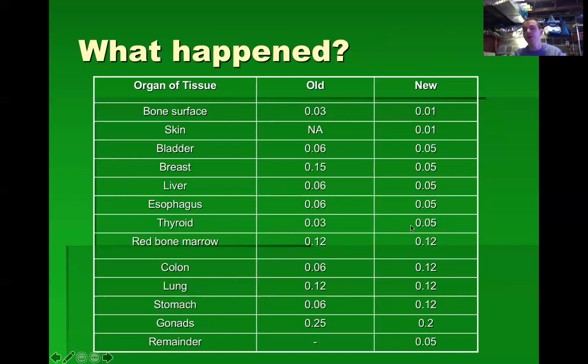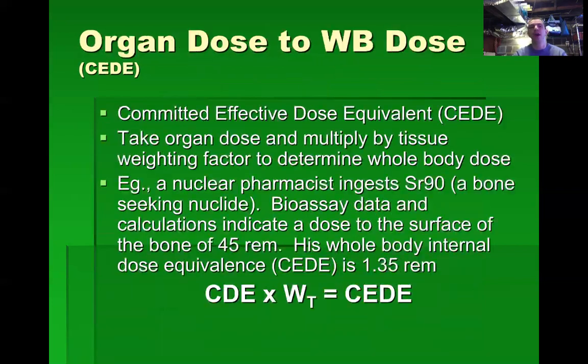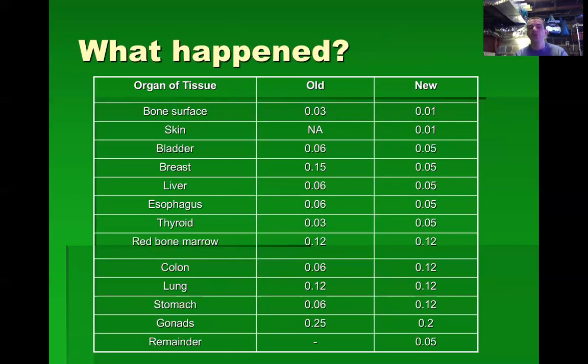So the thyroid, it's kind of middle of the road, but you would take that dose to the thyroid and multiply it by that 0.05, and that would give you the contribution to a whole body dose from that thyroid dose.